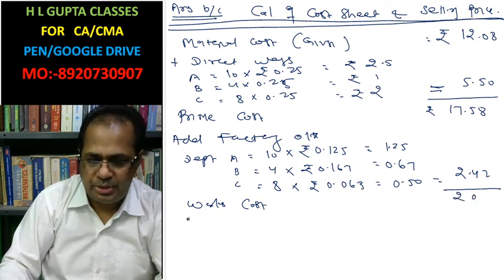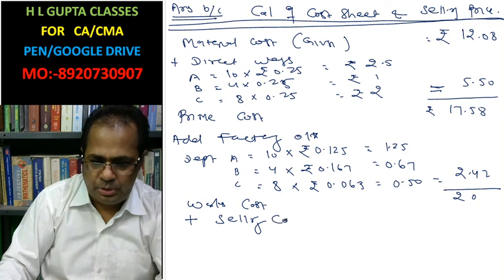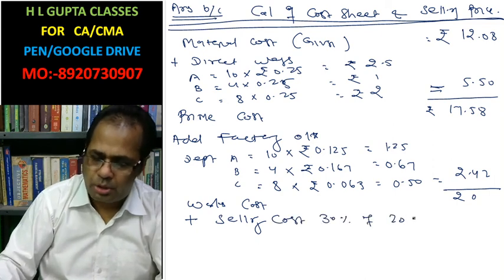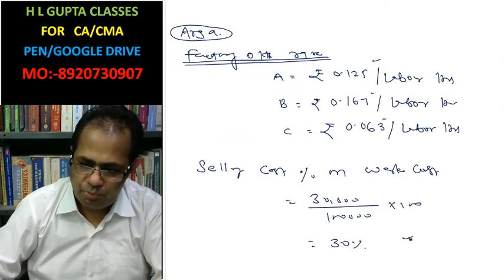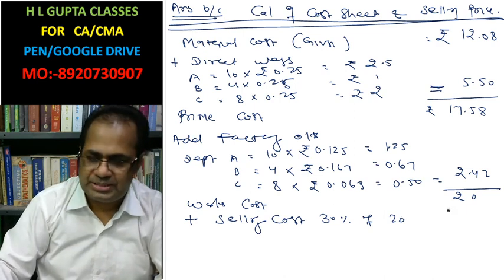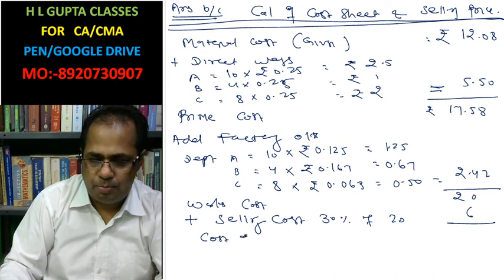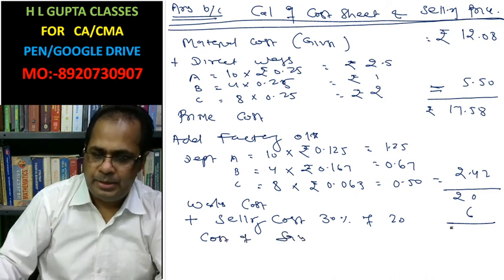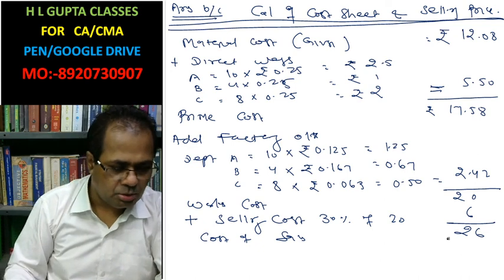Add selling cost, 30% of work cost. This is already calculated here. Selling cost is 30% of work cost, rupees 6. Cost of sale is 26.